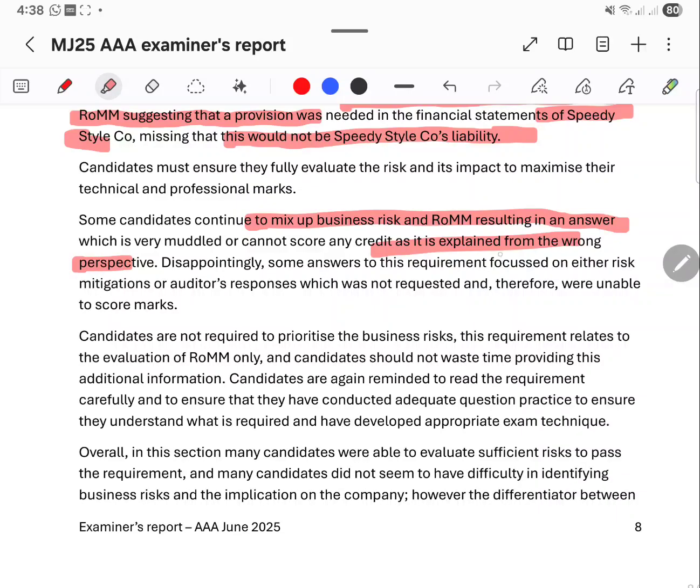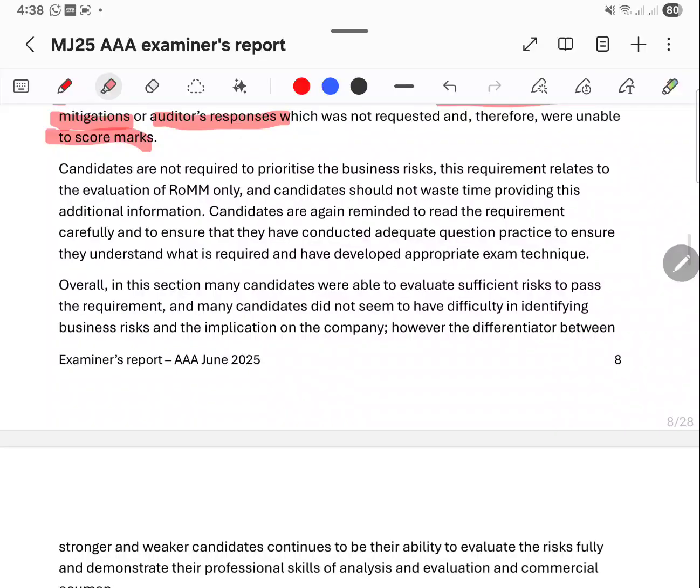Disappointingly, some answers to this requirement focus on either risk mitigation or auditor's responses, which are not requested and therefore were unable to score marks. Candidates are not required to prioritize the business risk. This requirement relates to the evaluation of ROMM, and candidates should not waste time providing this additional information.